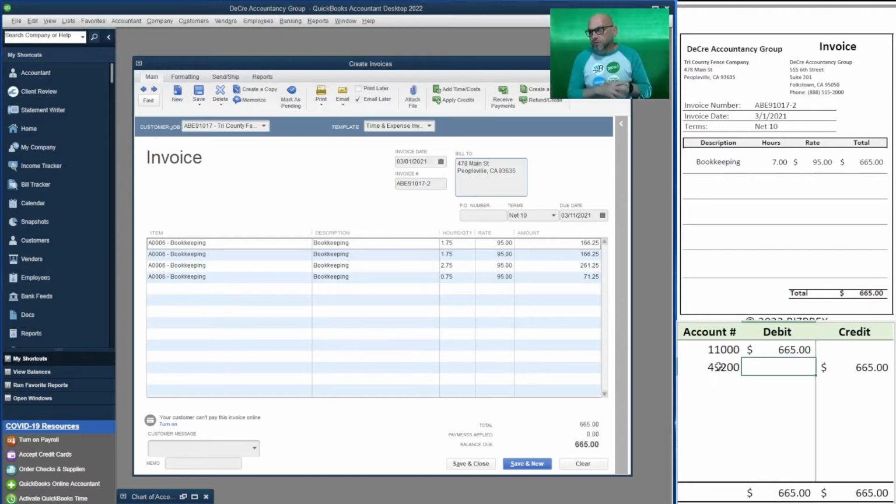Right, there's different ways to depict this one. Let's just, on this one, let me just show different ways. This is correct, okay? Some of this is a credit to 41,200, and 665 is a debit to 11. What else? Well, we could also do this.